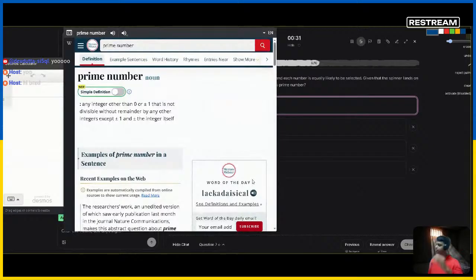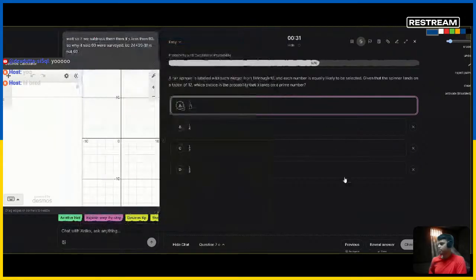An integer other than 0 or 1 that is not divisible without remainder by any other integers except 1. Oh, so it's 1 in.